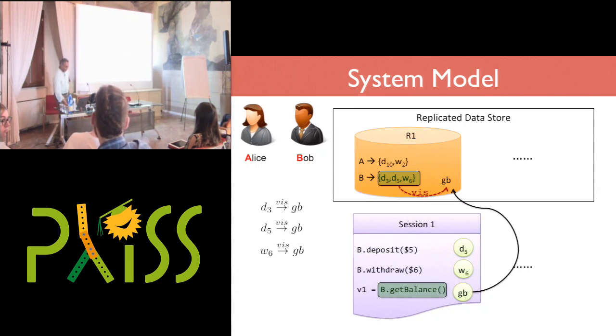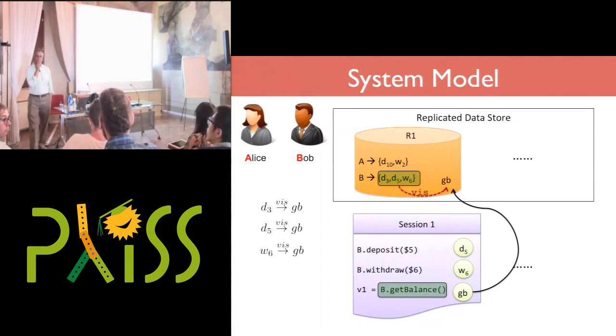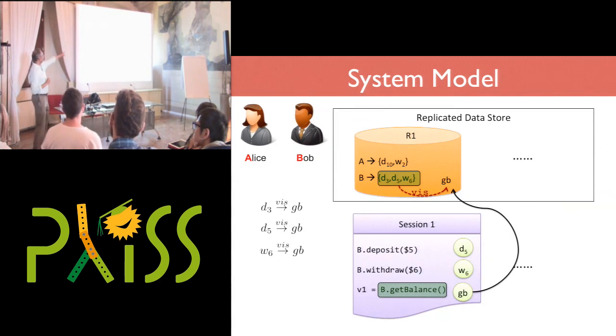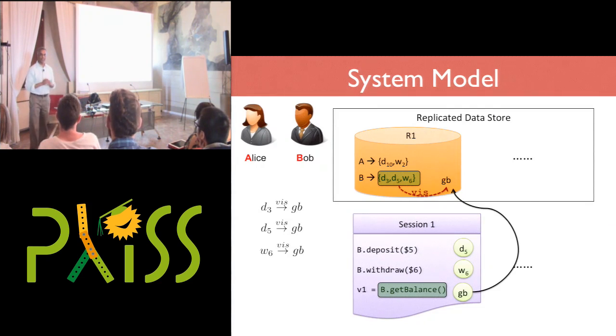So we know that session order doesn't imply visibility. But is the opposite true? No. The fact that get balance saw W6 was purely serendipitous. It just so happened that the W6 effect was propagated from replica n to replica 1 before the get balance operation was issued on replica 1.